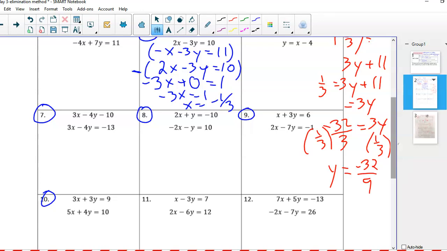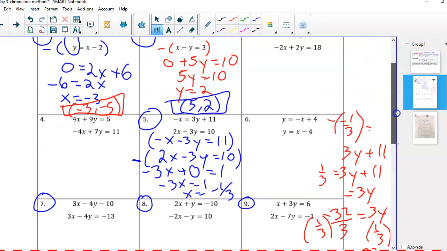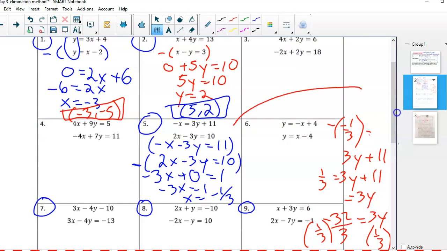So your solution would be negative 1/3, negative 32 over 9. It's going to be some weird solution that has fractions. Questions on that one?